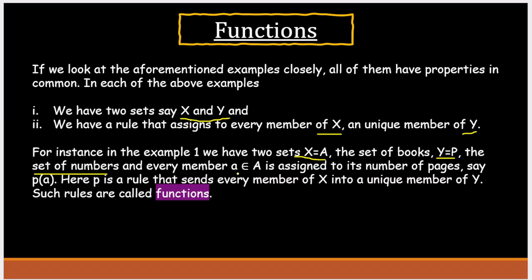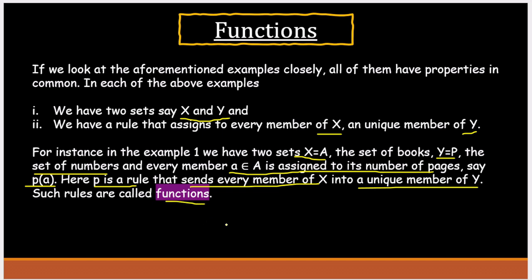Every member a belonging to A is assigned its number of pages, say P of a. Here we are writing the number of pages in the book as P of a. Here P is a rule that sends every member of X into a unique member of Y. Such rules are called functions.